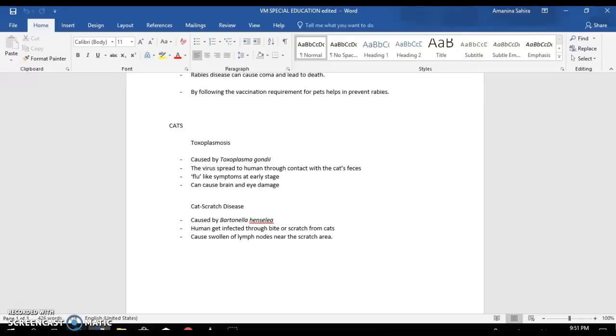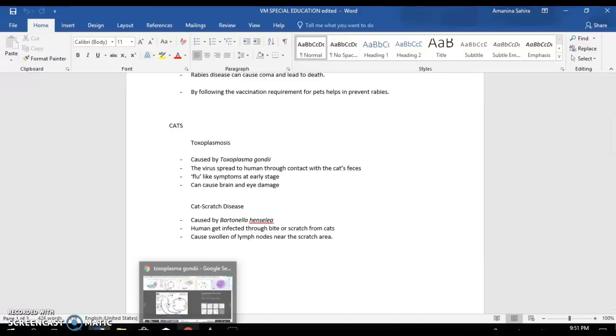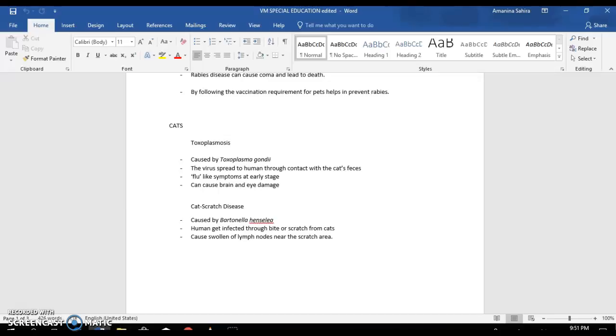The second one is cat scratch disease, which is caused by Bartonella henselae. Humans get the infection through a bite or scratch from the cat. This one is the most common one for us compared to toxoplasmosis, because of course we are not going to touch the cat's feces just like that, but the cat may scratch us, especially when we touch them.